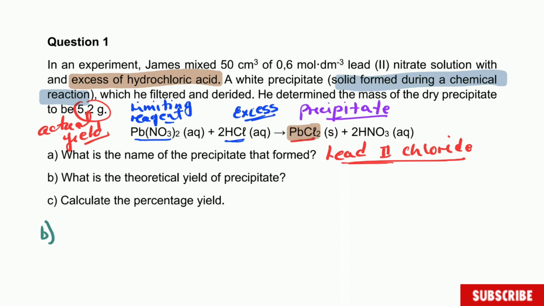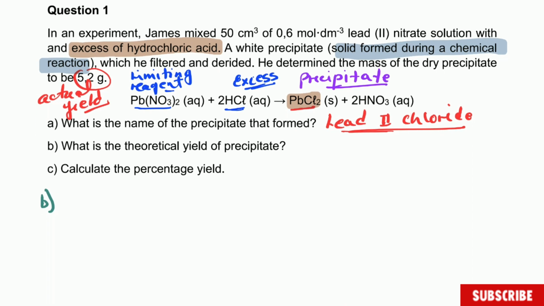The first thing we have to do is to calculate the number of moles of the limiting reagent we have here. Now for that, lead(II) nitrate, Pb(NO3)2. This one is the one we're going to work with because it is the limiting reagent.